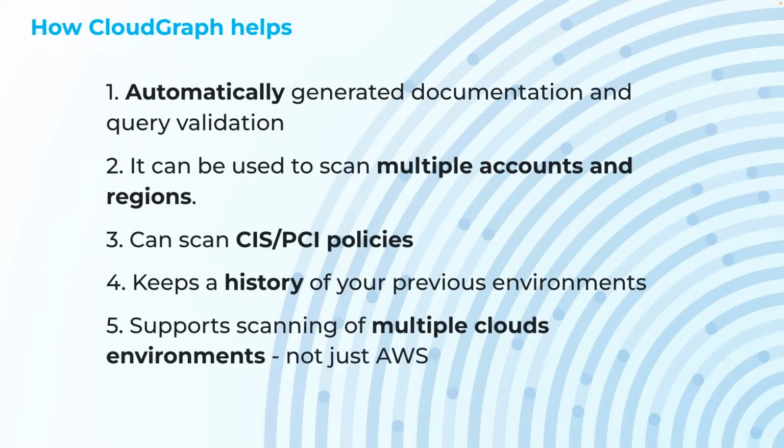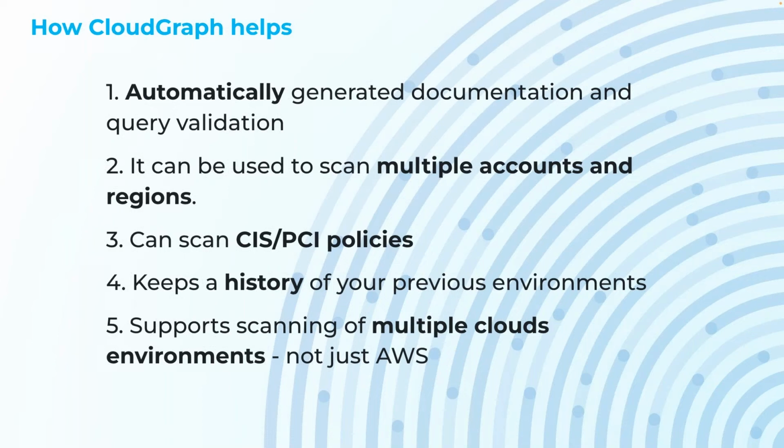And finally, Cloudgraph supports scanning of multiple cloud environments, not just AWS. From their documentation, you've got Azure, GCP, and even K8s. So if you have multi-tenanted solutions where you're running in Azure and AWS from one query tool, you are able to scan everywhere.